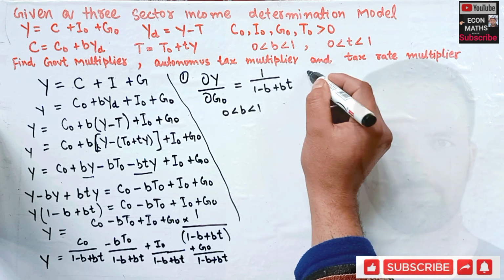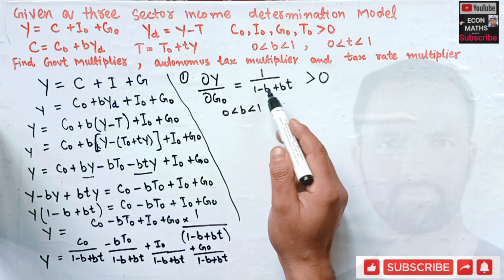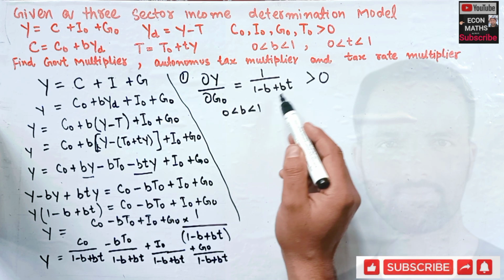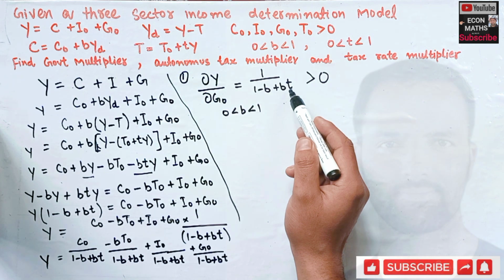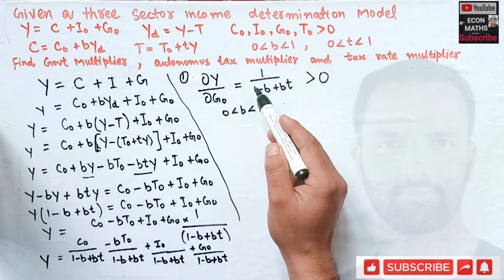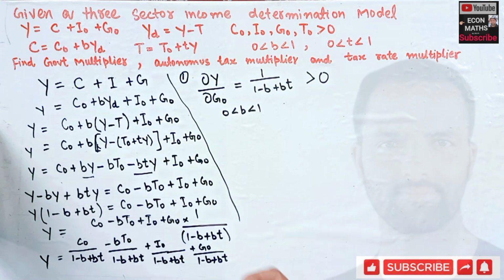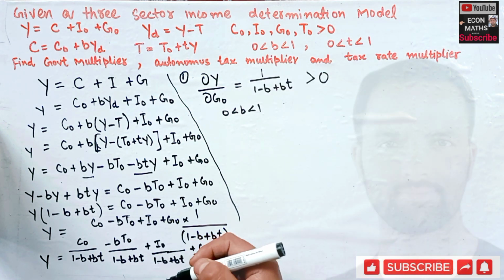Why? b lies between 0 and 1, and t also lies between 0 and 1. So 1 divided by 1 minus these terms will become positive. You can check it yourself also. This whole term will be greater than 0.